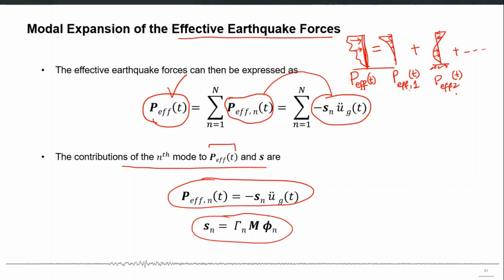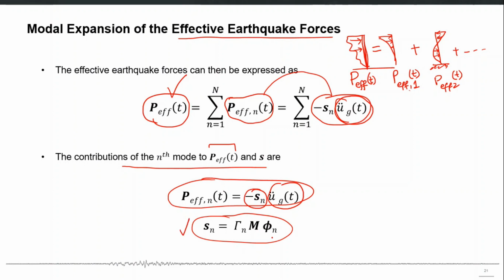So the pattern along the height is now decomposed into mode shape patterns. The time variation is still the same, Ug double dot is still the same, so it is still being multiplied by each of the P effective n, but Sn is different for each mode now. Sn is actually coming from this equation at the bottom. It depends on that mode shape, right?